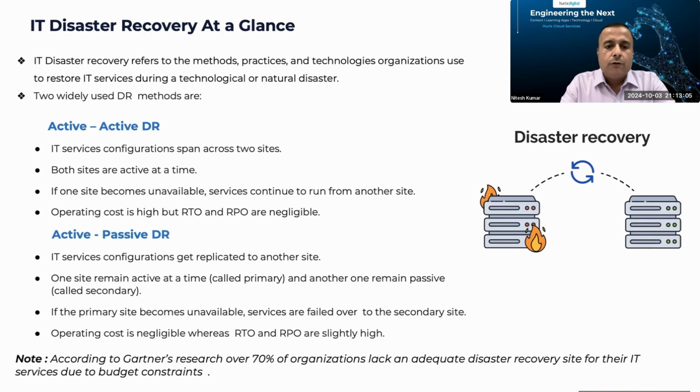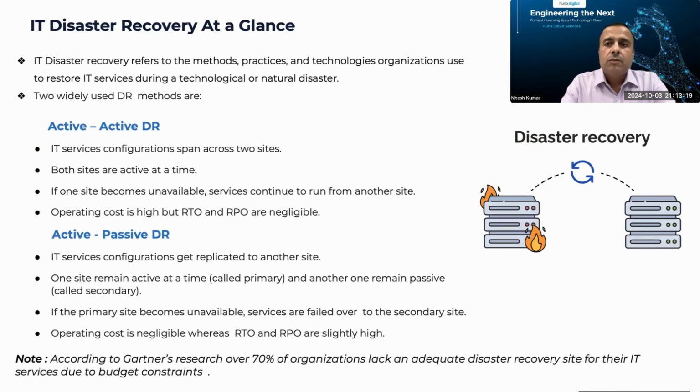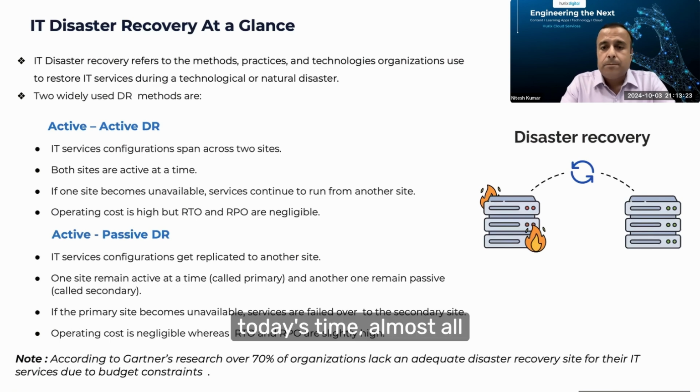Before I move further, I would like to leave you with one surprising and disturbing fact. According to Gartner, 70% of business organizations do not have a reliable disaster recovery site due to budget constraints. As we all know, in today's time almost all aspects of a business are dependent on IT services.